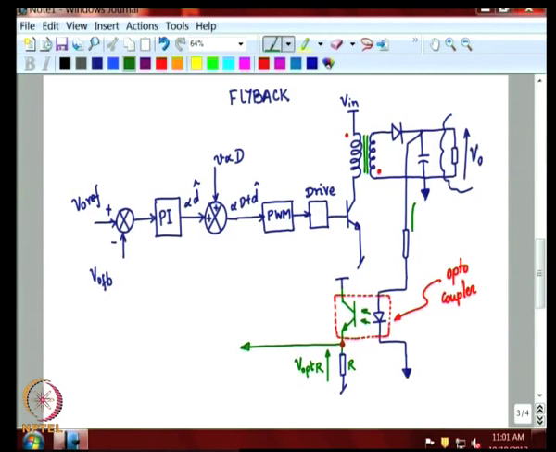Consider the current which flows through like this, through this R opt.